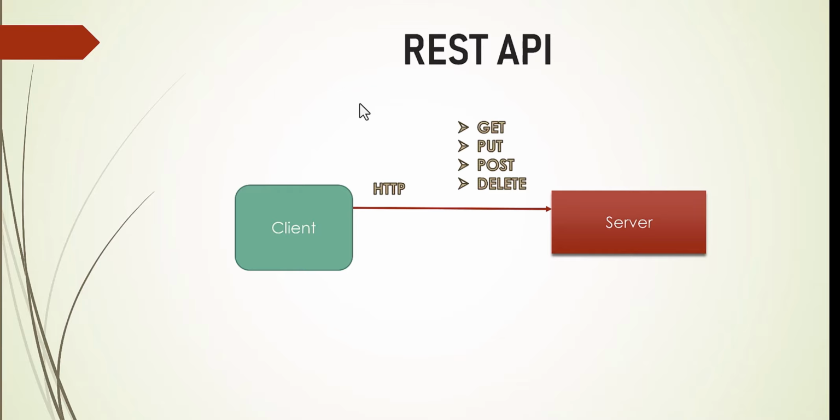So you have the client, you have the server, you need to send a request, and definitely you will get the response, which may fail or succeed. In this regard, when you are requesting the data, the server will give you all the data.